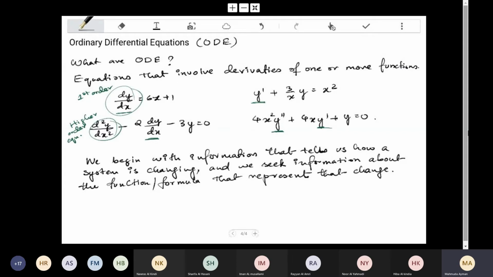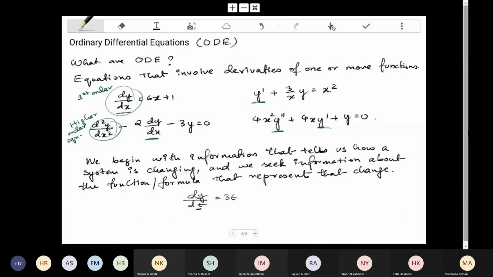So what we are saying is that when we have a function that looks like this one here, this equation tells us the rate at which the value of y is changing depending on the value of t.